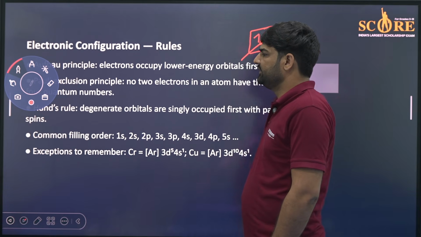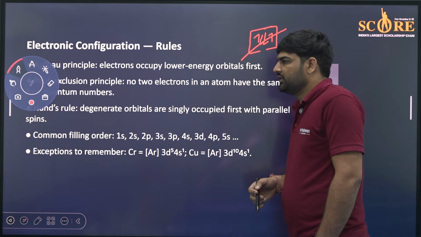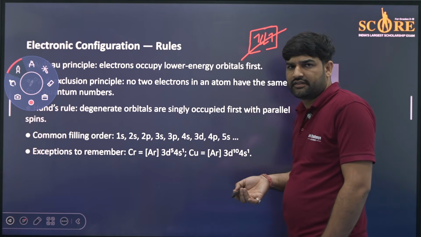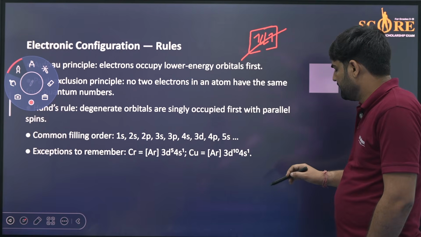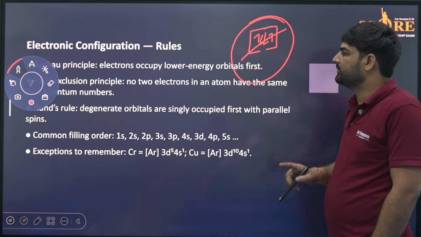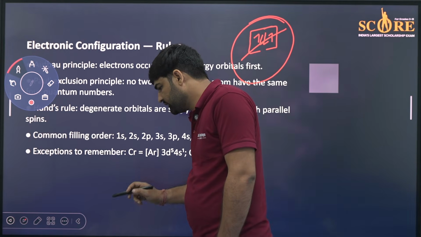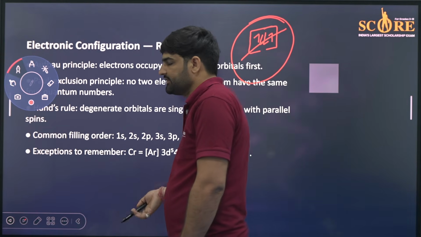Next principle is the Aufbau principle. This Pauli principle was given for a single orbital. The Aufbau principle was given for different subshells.